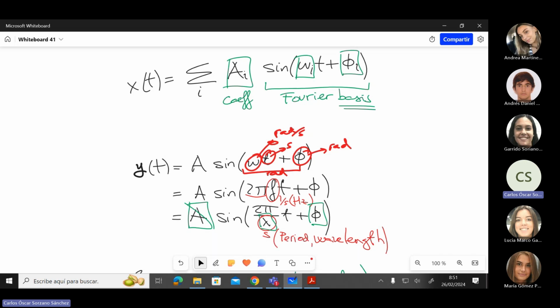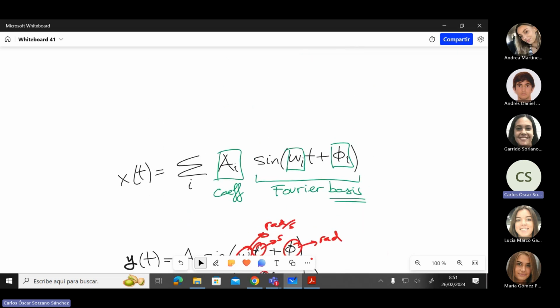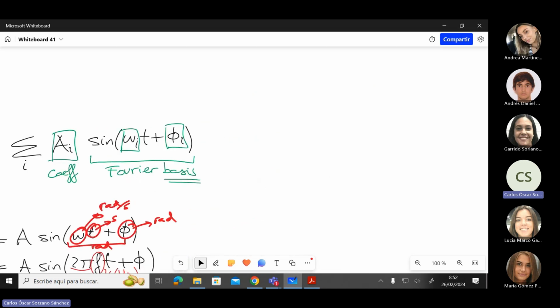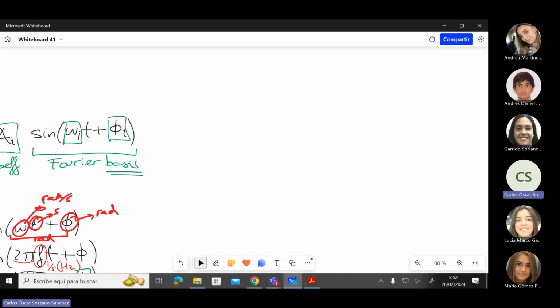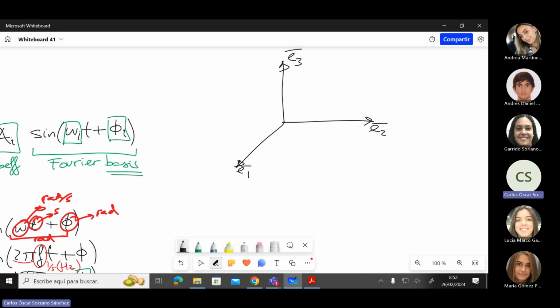Okay, so when we talk about the basis, what we know well is how to represent vectors. So we have E1, E2, E3. And we have a point here.